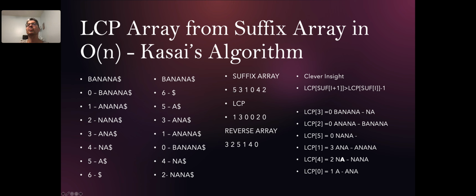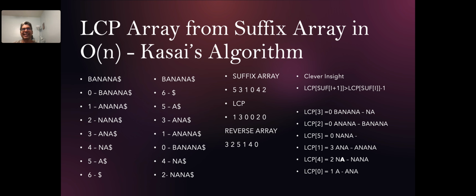And again, now for the last one, I have computed the LCP of 0. I have to compare 5 and 3. 5 is A, 3 is N. Compare A with N. In fact, I have already compared A with A. I just compare the last one, and I know. The same case again: as I had already compared, I go ahead and compare the next one.